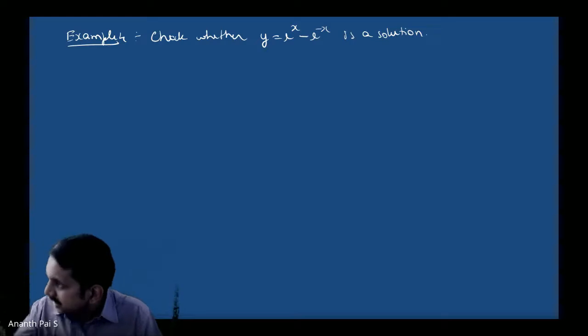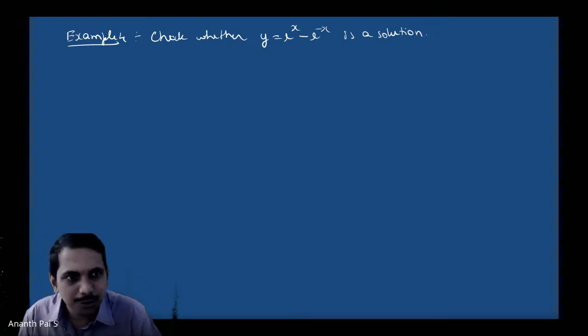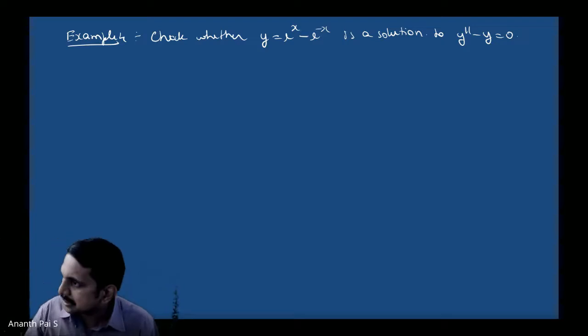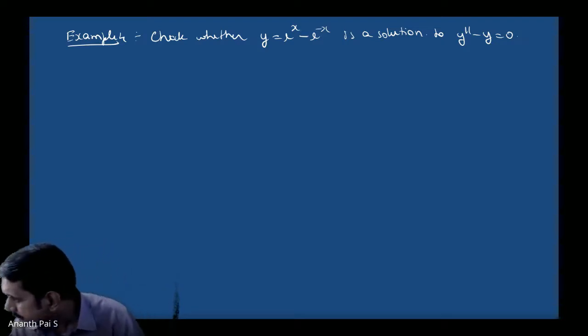You will see that this is also a solution to the same y double dash minus y is equal to 0. Okay, check it out fast and tell me.